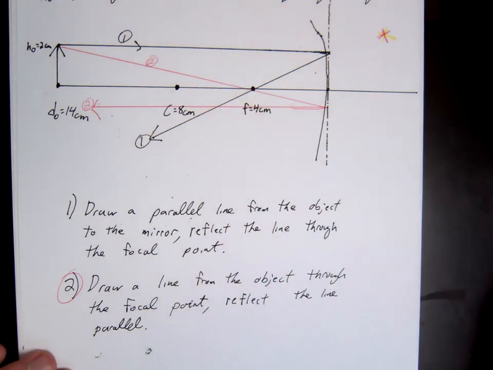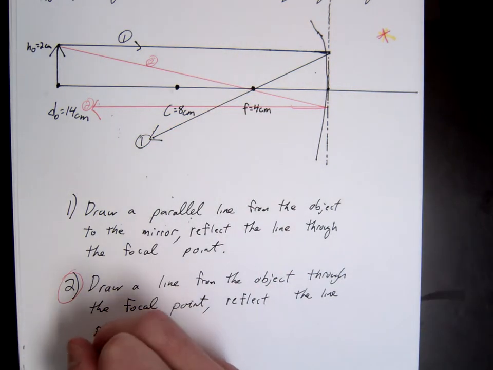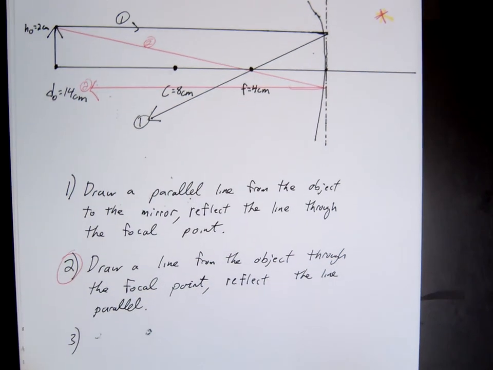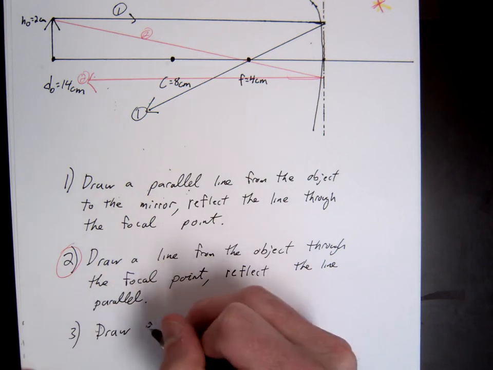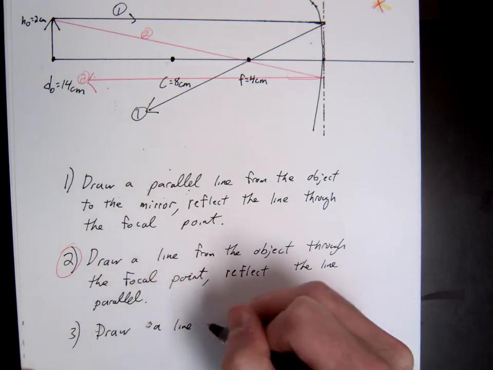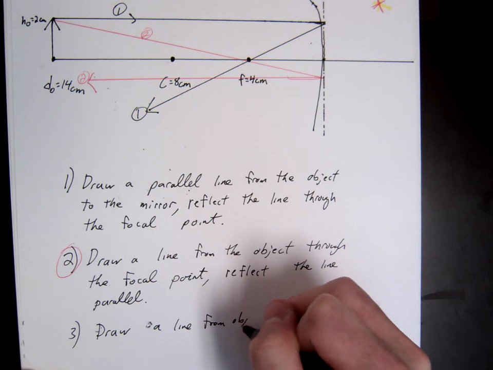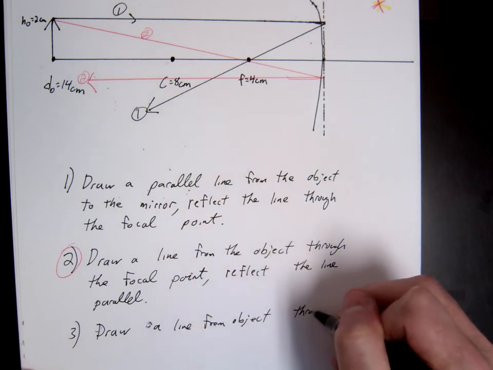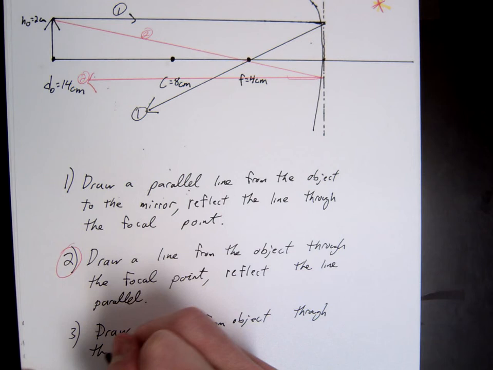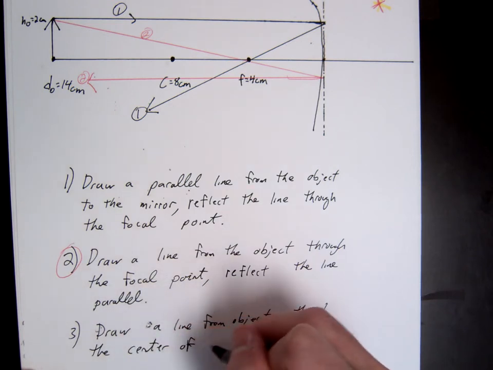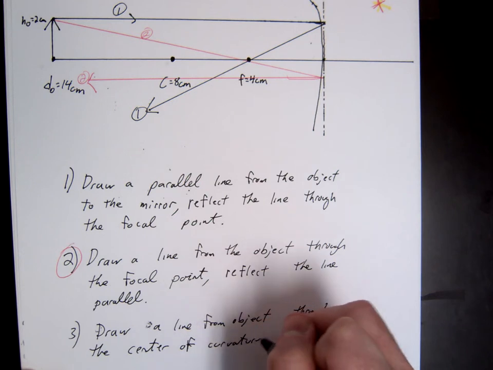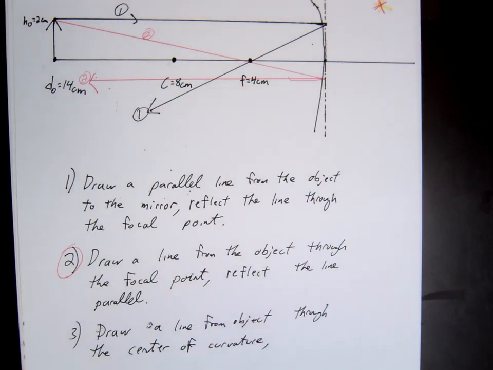All right, third one, there are 3. For all of these that we're going to do, there's 3. The third beam is this. You're going to draw a line from the object through the center of curvature.